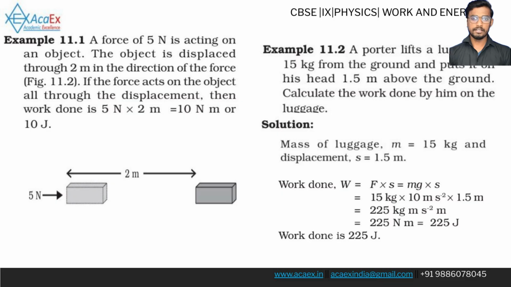Work done, W equals F multiplied by s, which equals m multiplied by g multiplied by s. This equals 15 kilograms multiplied by 10 meters per second squared multiplied by 1.5 meters, which equals 225 kilogram meters squared per second squared, or 225 Newton meters, or 225 joules. Work done is 225 joules.